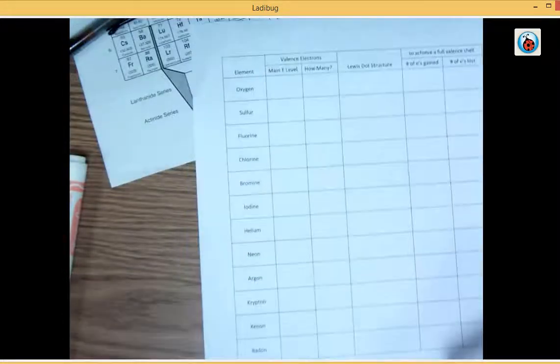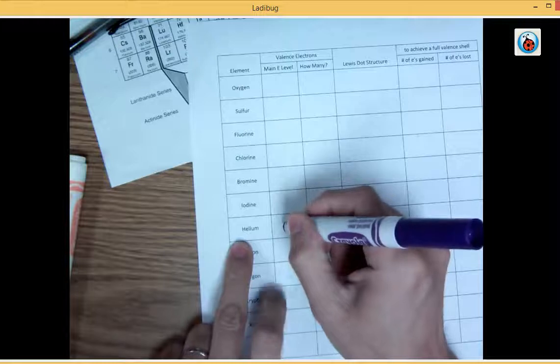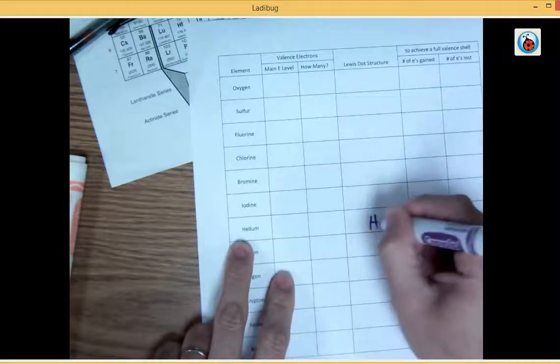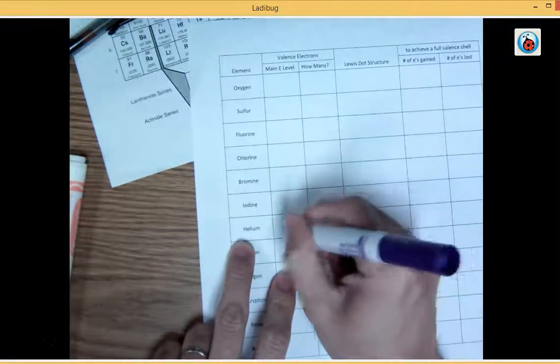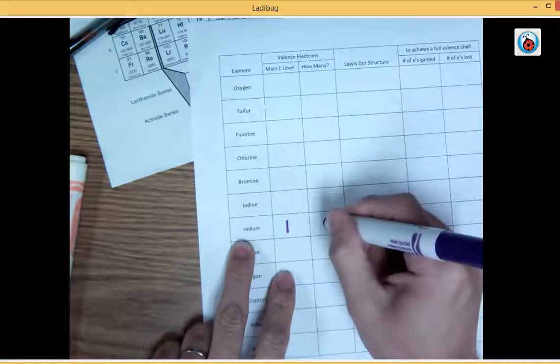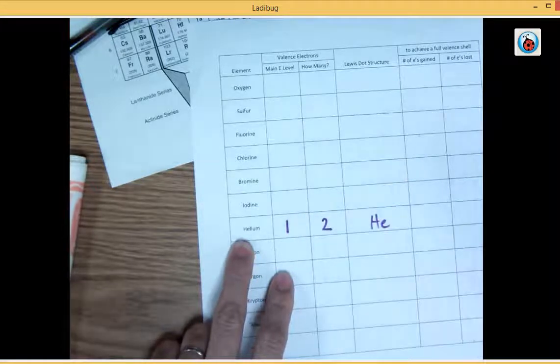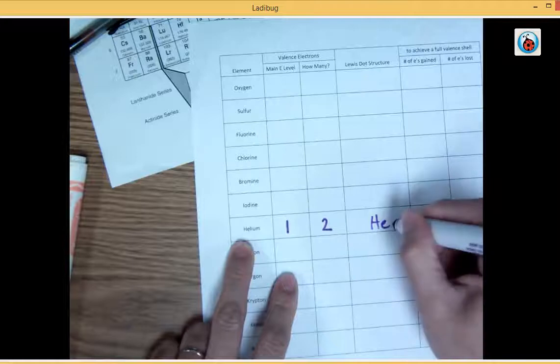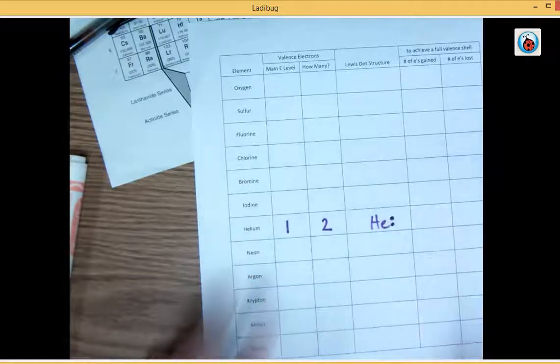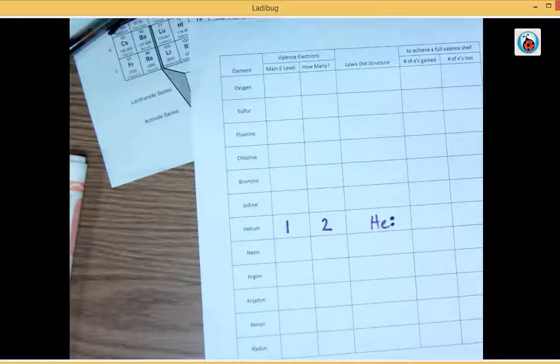Okay. Case for helium. Look at helium right here. Symbol is He. Okay. It's on the first energy level. It's got 2 valence electrons. It's a noble gas. It's full. So to represent a full shell, we just keep them paired like that. This is the exception here for helium. It's full, so we keep them together.